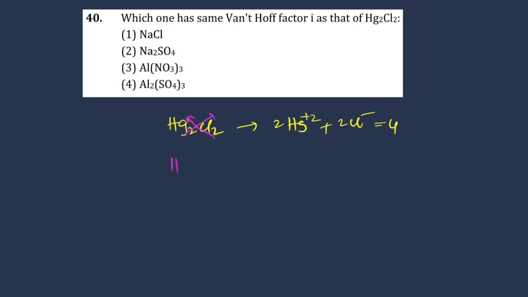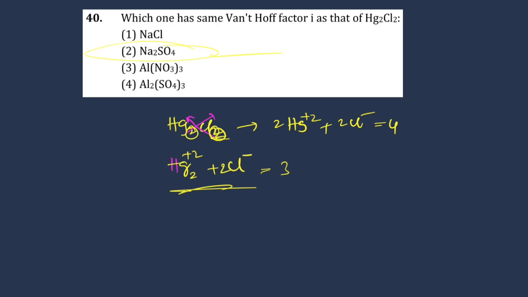Therefore this is Hg 2 plus, and Cl minus, but 2 are there, so the total number of particles is 3 only. Which option? The second option is correct.